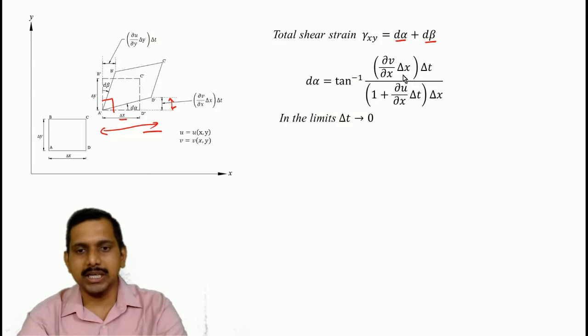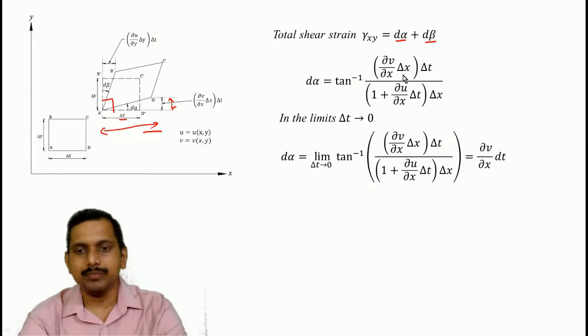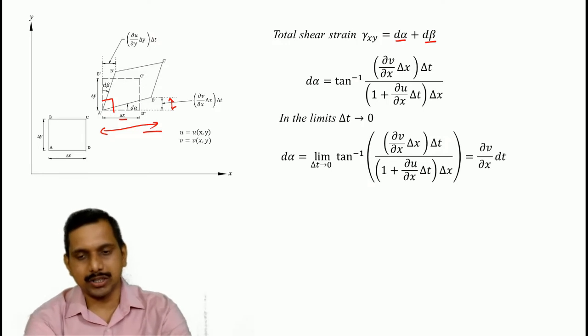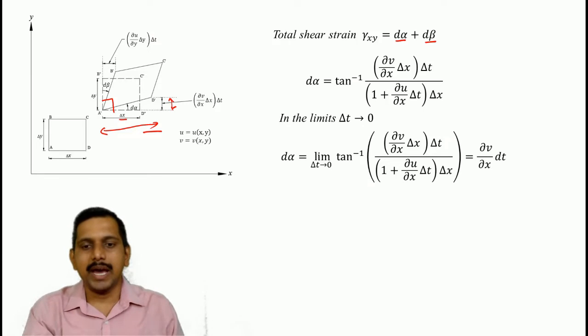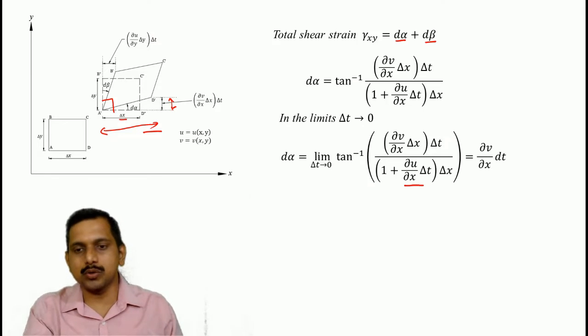Now if you consider the limit delta t tends to 0, d alpha becomes limit delta t tends to 0 of tan inverse of the quantity. Here we observe as delta t tends to 0, this goes to 0, and this delta x and that delta x cancel anyhow, and what remains is dou v by dou x into dt, because delta t as it tends to 0 forms dt.